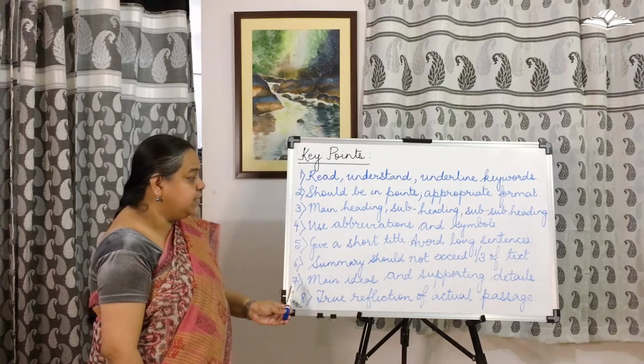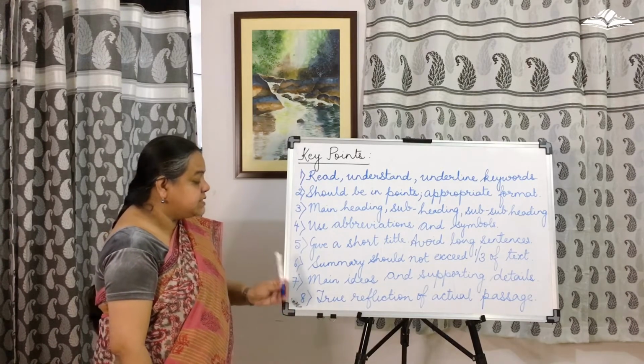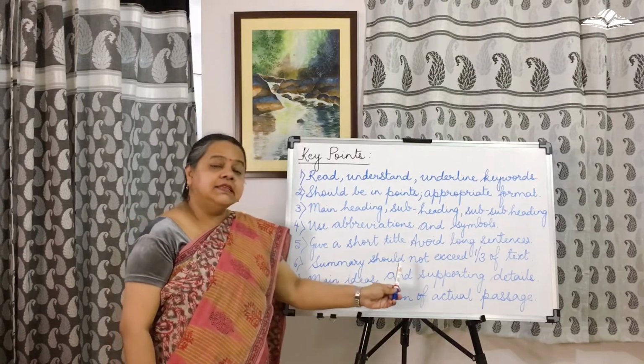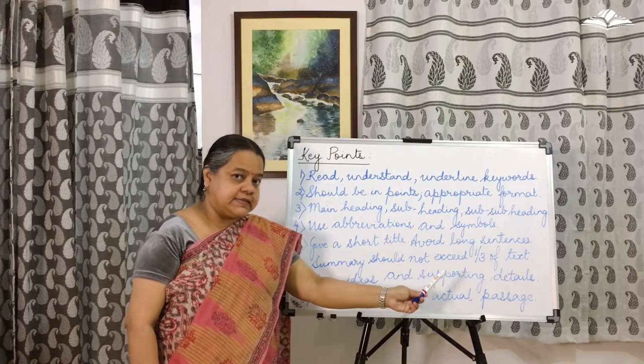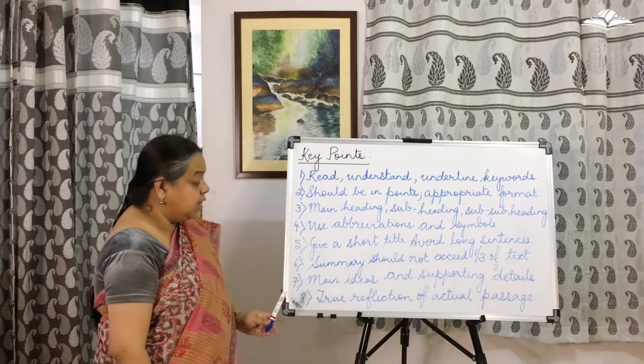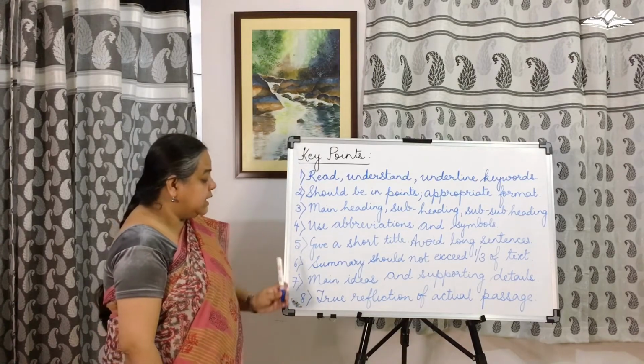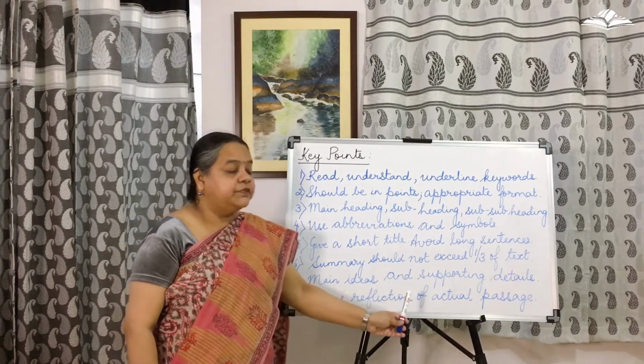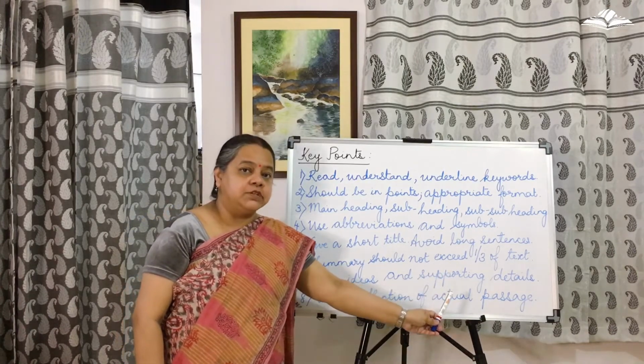The seventh point is your summary should comprise the main ideas and the supporting details. And ultimately, always remember, children, that your summary should be the true reflection of the actual given passage of the question.